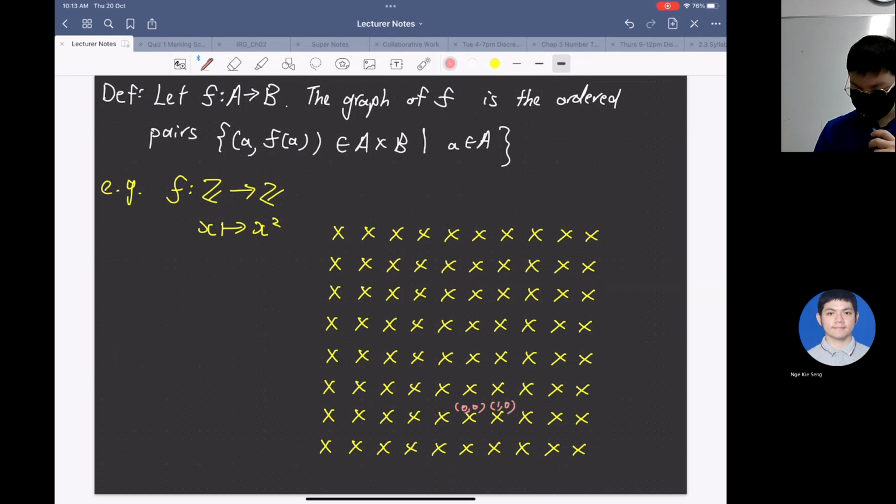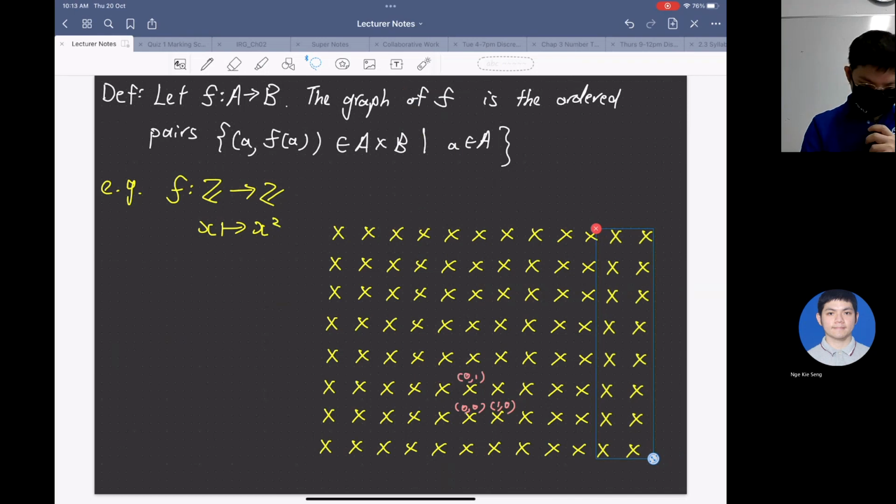This is (1, 0). Okay, and then keep going. So if I want to find the ordered pairs for this function here, first I will have (0, 0), and then (1, 1), and also (-1, 1).